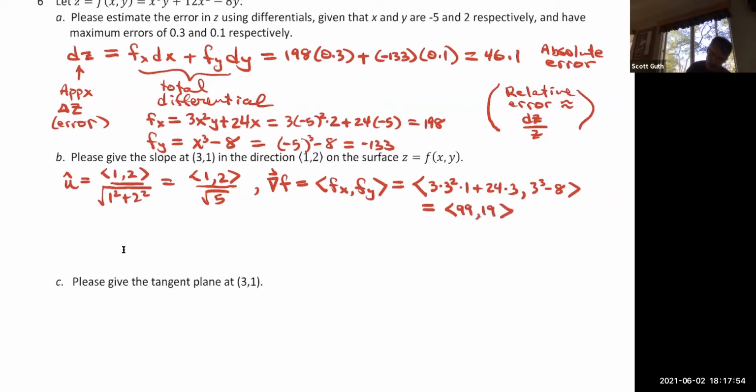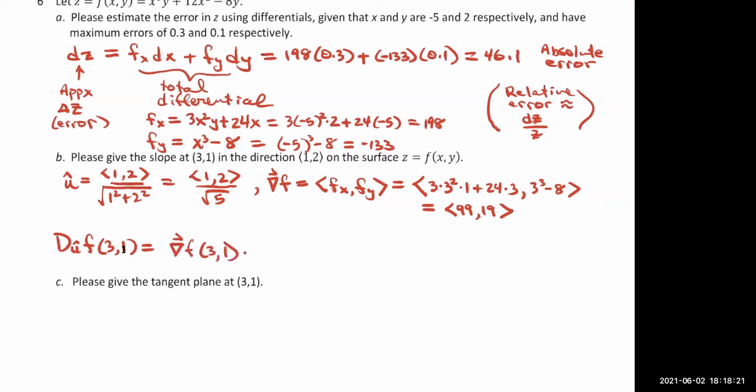I'm just taking the gradients from above. So the directional derivative in the u direction of f at the point 3, 1 is going to be the gradient of f at 3, 1 dotted with u.